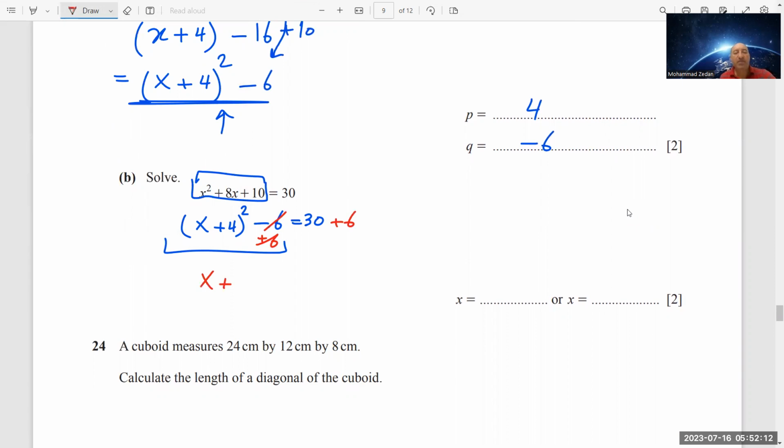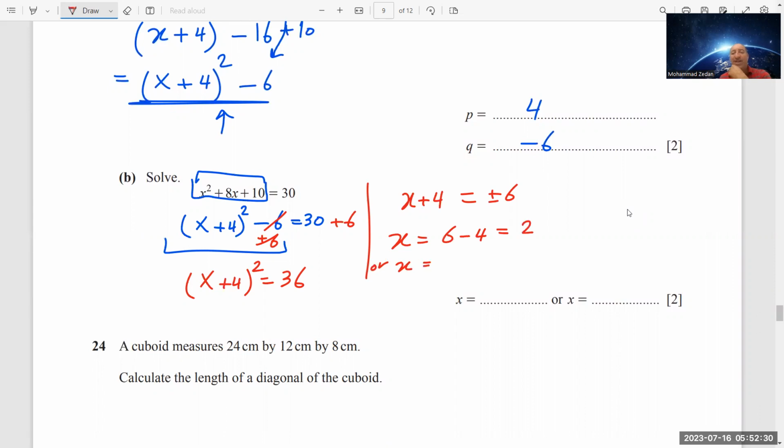So x plus 4 all squared is equal to 36. By taking the square root, x plus 4 equals plus or minus the square root of 36, which is 6. So x may be 6 minus 4, which is 2, or x may be negative 6 minus 4, which is negative 10. So I have two values, 2 and negative 10, for this answer.